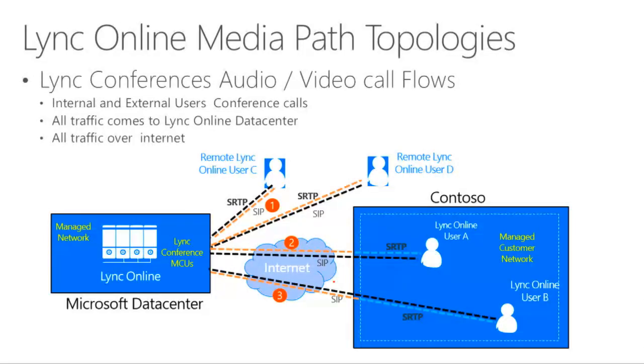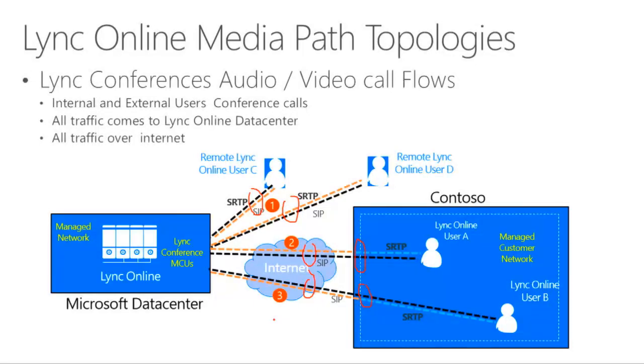All the traffic has to go to the Lync conference MCU. So we have to consider that, again, we are managing this, but we cannot do anything about this traffic on internet, this media traffic on internet. Okay? So for conference, everything is going to the online servers through the edge.